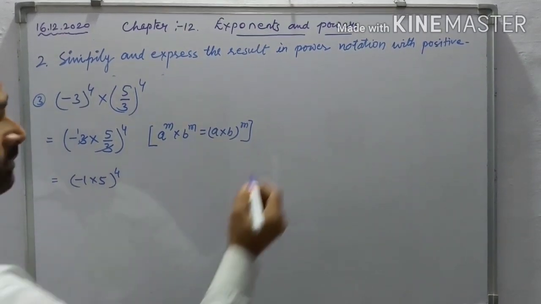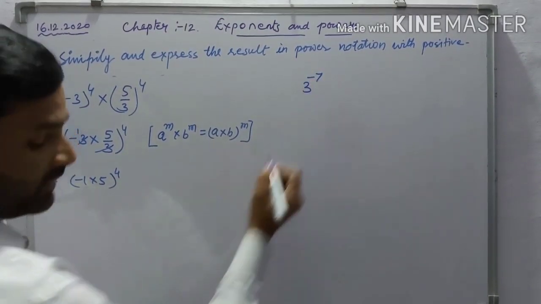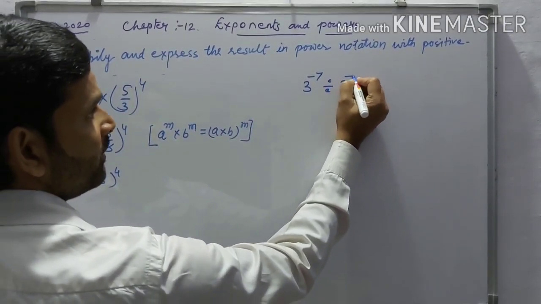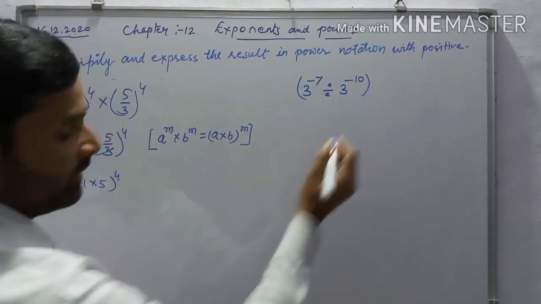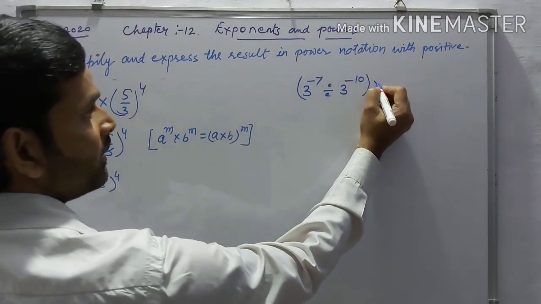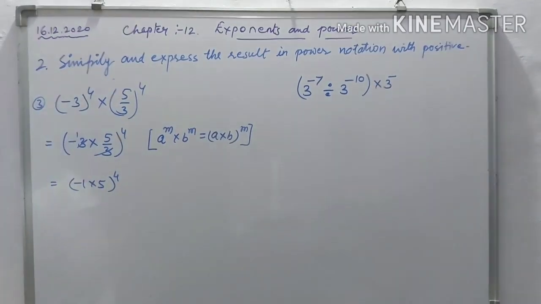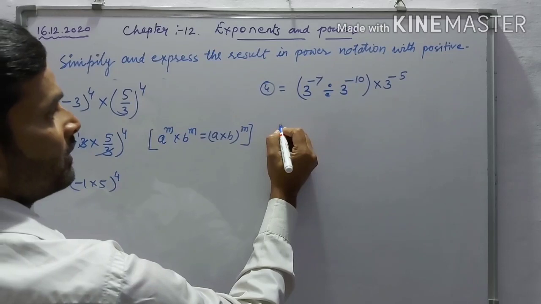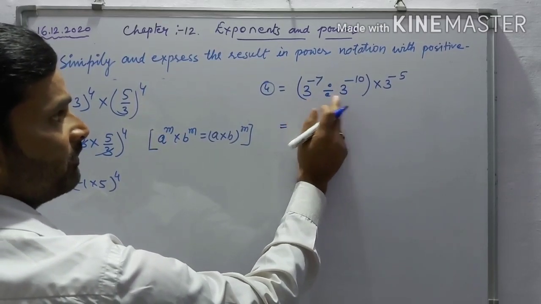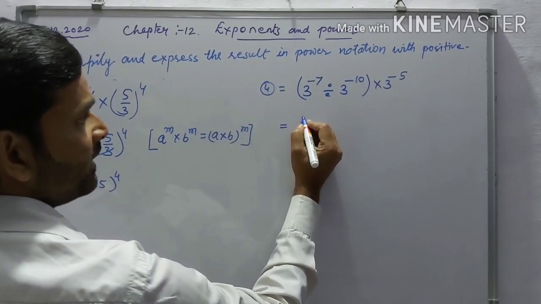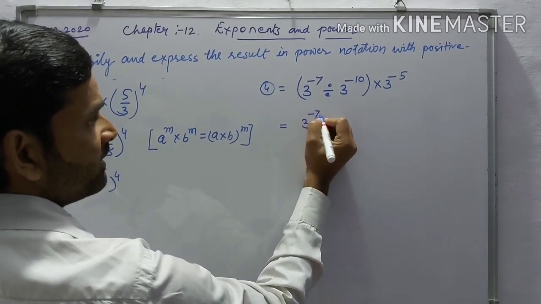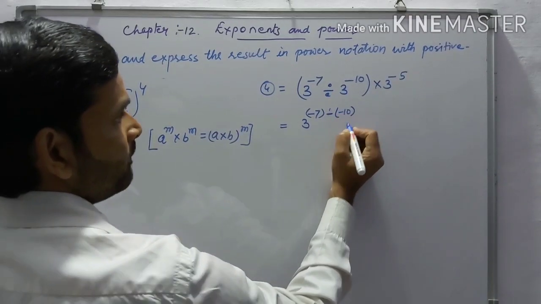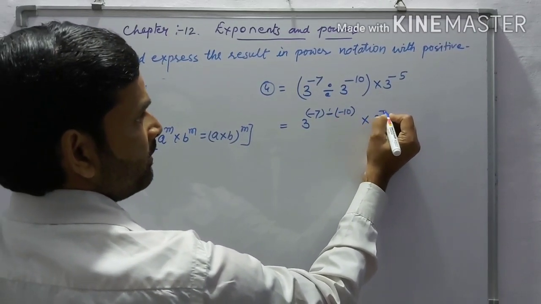Okay, this is question number 4: 3 power minus 7 divided by 3 power minus 10 in the bracket, and then multiplied by 3 power minus 5. Now we solve. First, the bases are the same and there is a division sign, so we write 3 power minus 7 minus (minus 10), multiplied by 3 power minus 5.